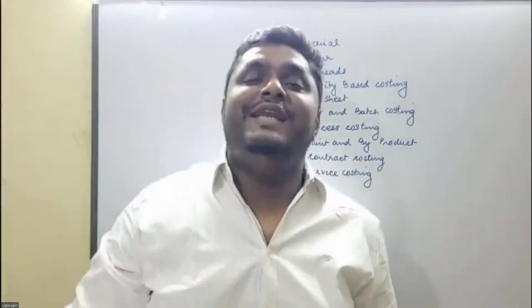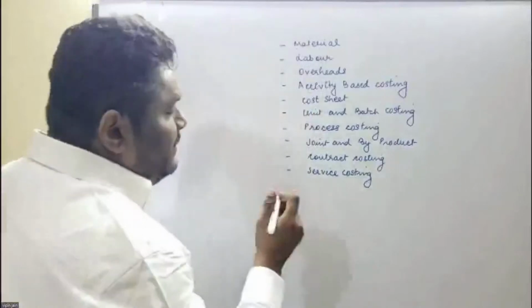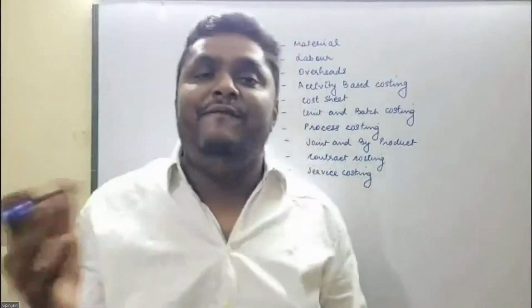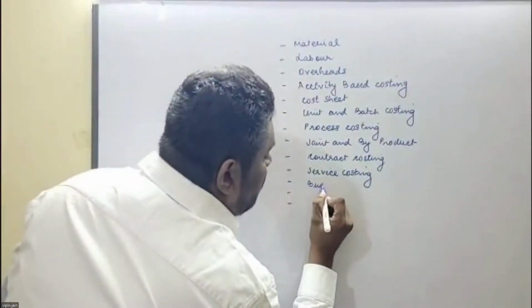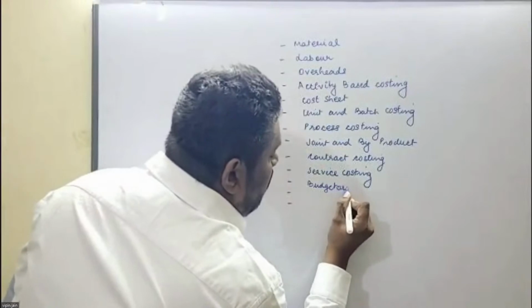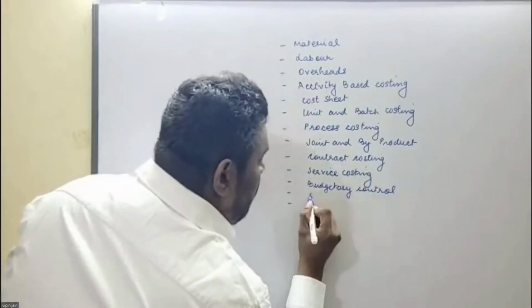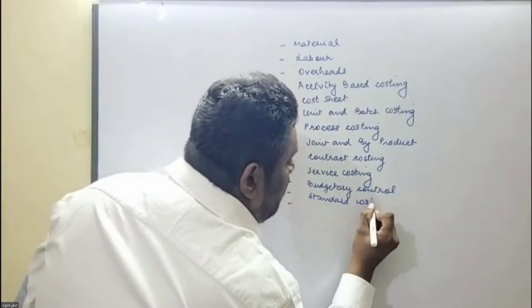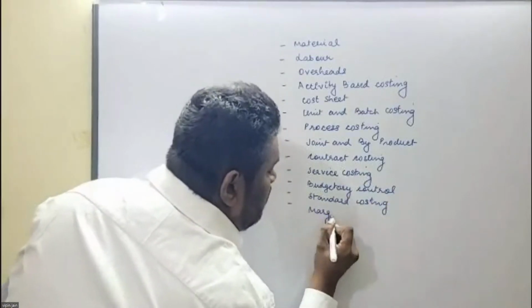Now moving towards the next phase of the syllabus, which relates more to management accounting. There are three most important chapters; the examiner asks questions on all three in every attempt. That is budgetary control, standard costing, and marginal costing.